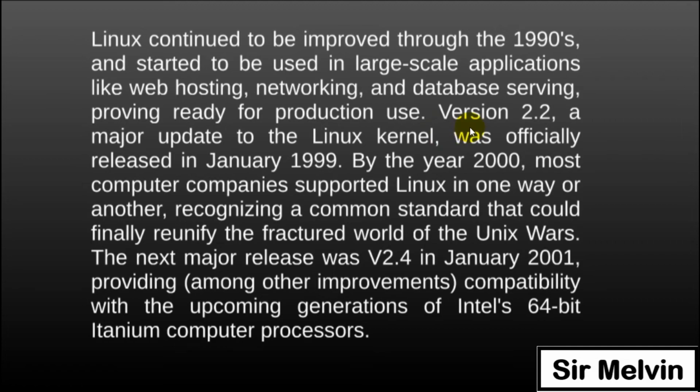The next release for Linux is version 2.2, a major update. The Linux kernel was officially released in January 1999. By the year 2000, most computer companies supported Linux in one way or another, recognizing a common standard that could finally reunify the fractured world of the Unix wars.